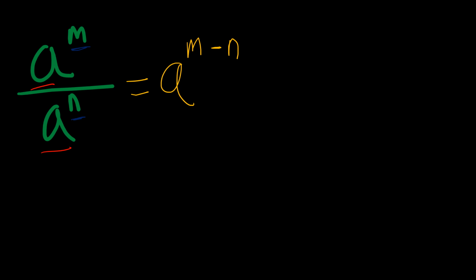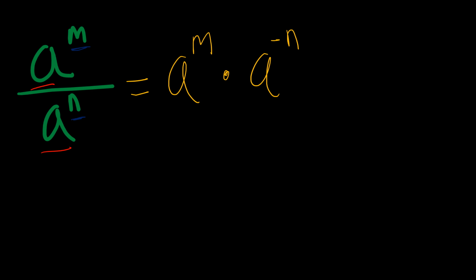Essentially, if we were to rewrite this equation, we just get a to the m times a to the negative n. We don't know what m and n are, so we can just leave the equation as a to the m minus n.